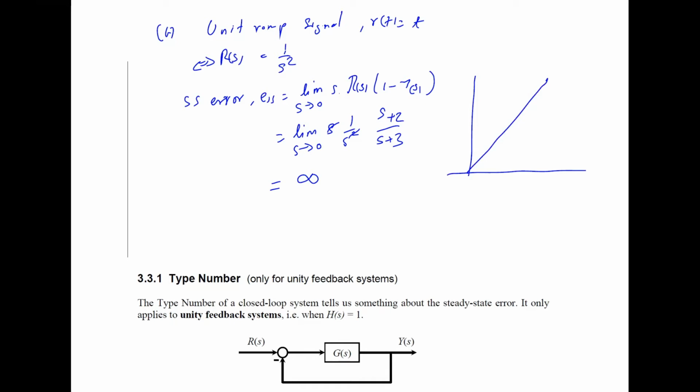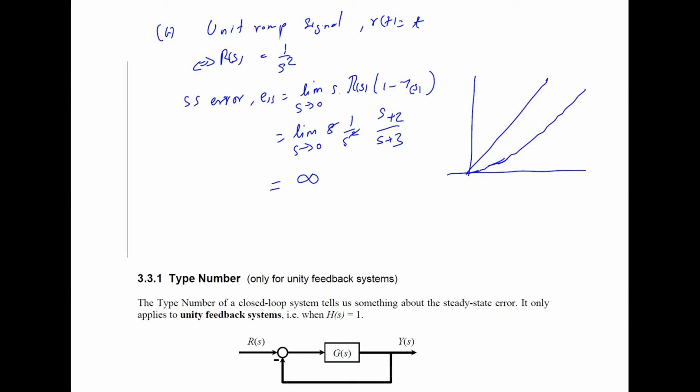Based on my understanding of the system response, I can say that the output signal starts off from 0, so it picks up speed, and then it increases over time.